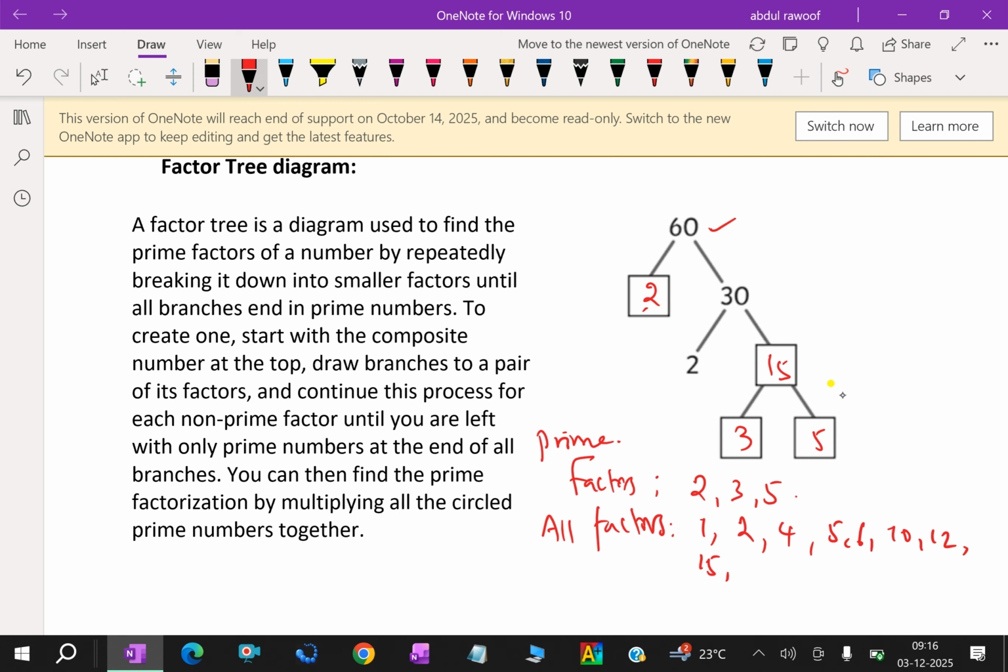How? 2 into 2 is 4, 4 into 5 is 20. Next 30 is a factor, and 60 is a factor. These are all factors of 60: 1, 2, 3, 4, 5, 6, 10, 12, 15, 20, 30, 60. Out of that, the prime factors are the prime numbers 2, 3, 5.